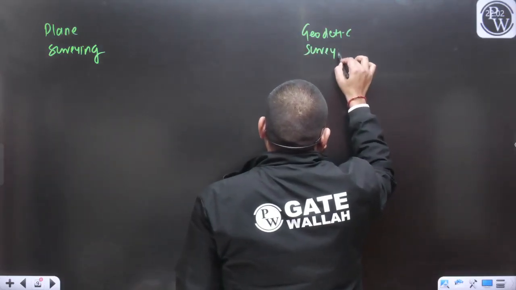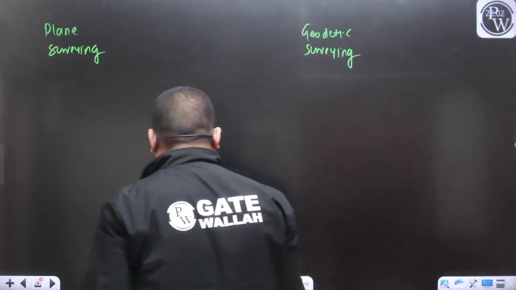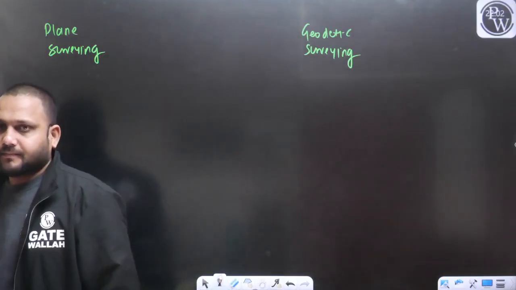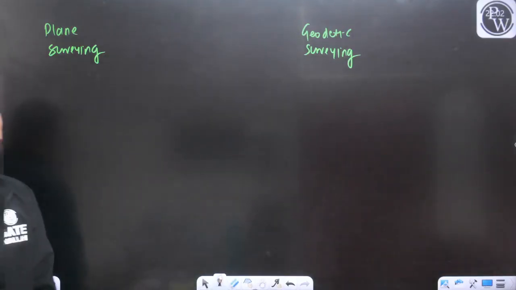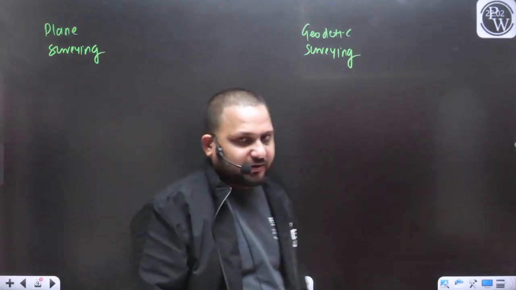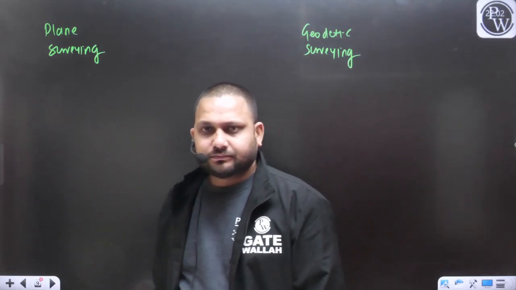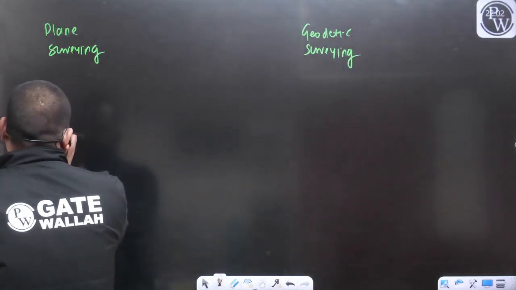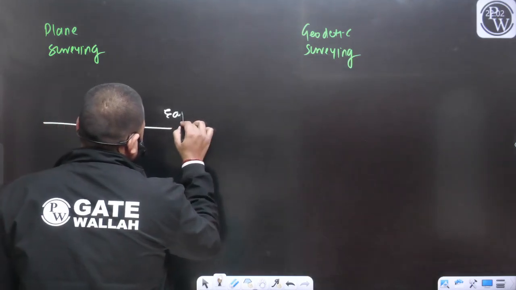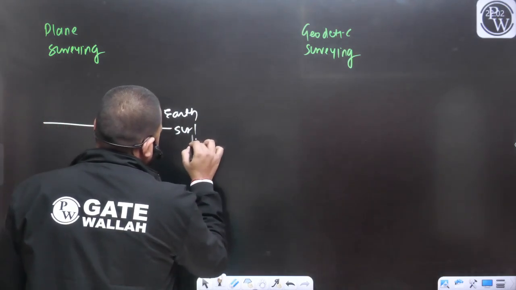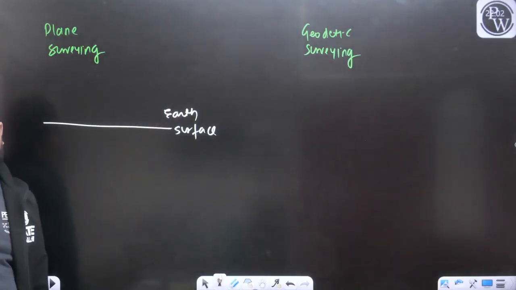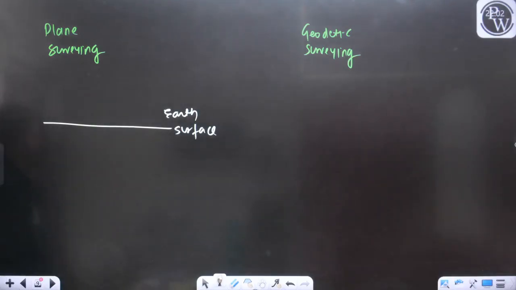So let's see. In plane surveying, we have not considered the effect of the curvature of the earth. That means we have assumed the earth surface as a plane surface, like this.